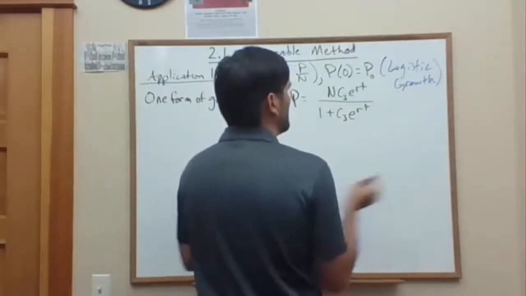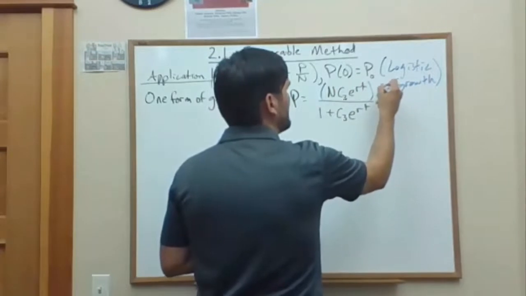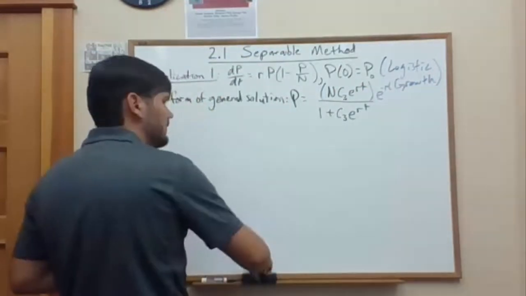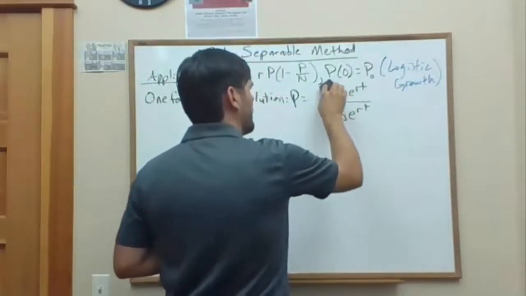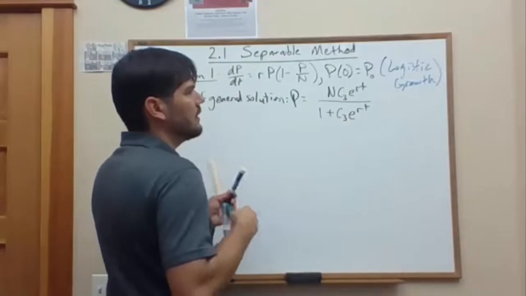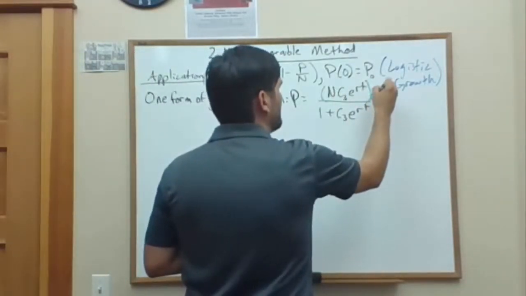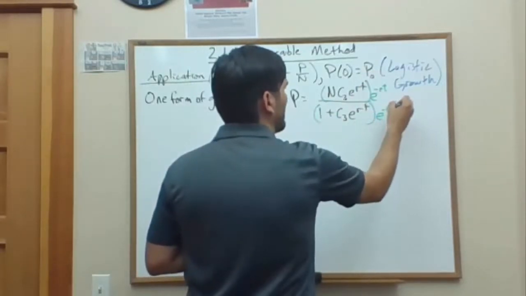So we could multiply the top by e to the minus... Oh, that's a bad color. Let's try green. We can multiply by e to the minus rt on the top and the bottom.